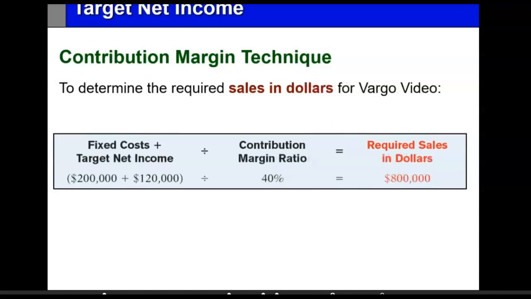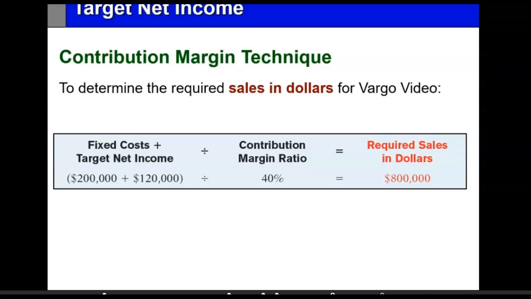If I want it in dollars, I take the same thing, fixed cost plus the target net income, divide by 40,000, and I get required sales in dollars of 800,000.